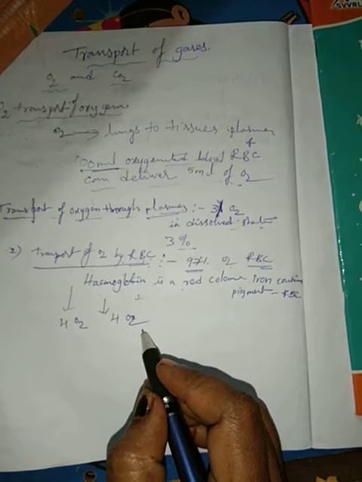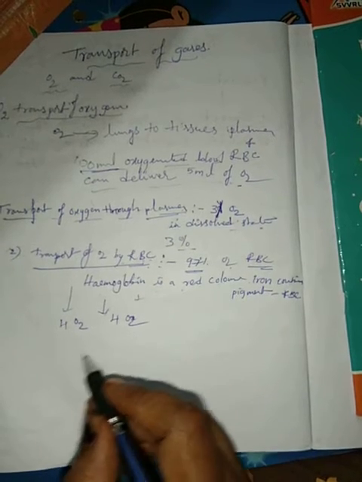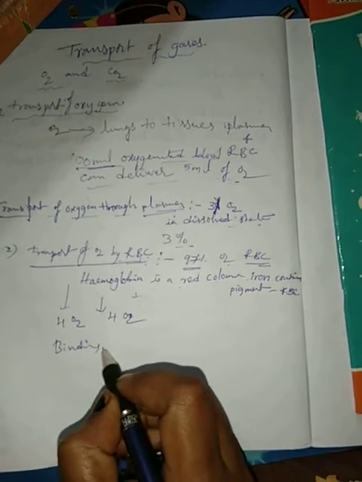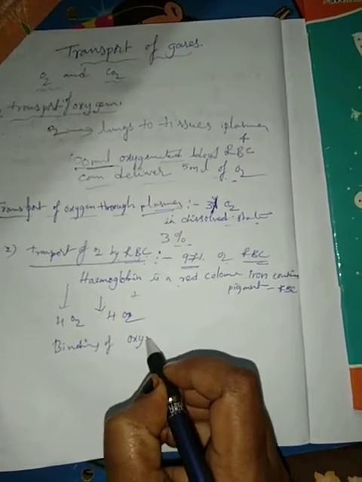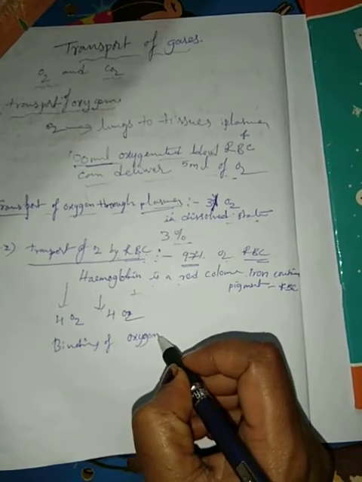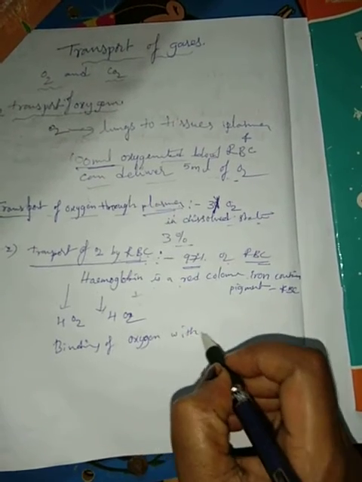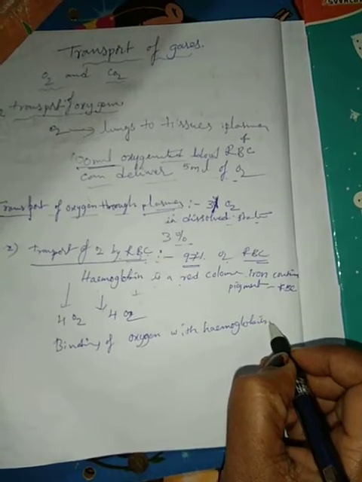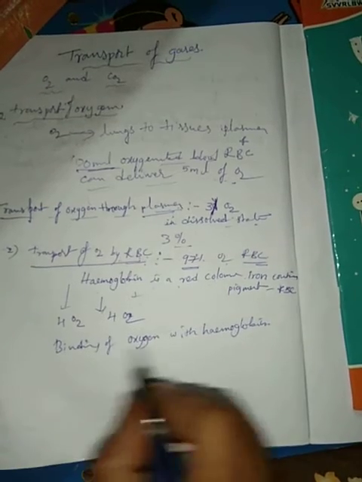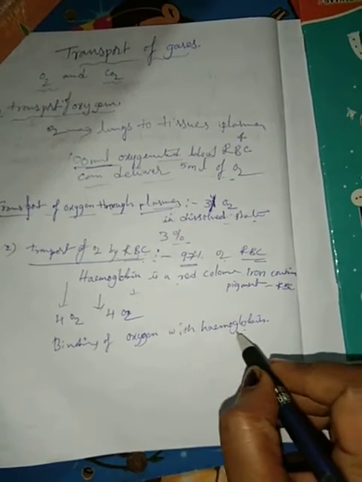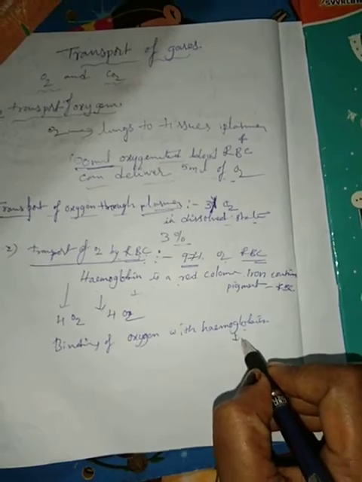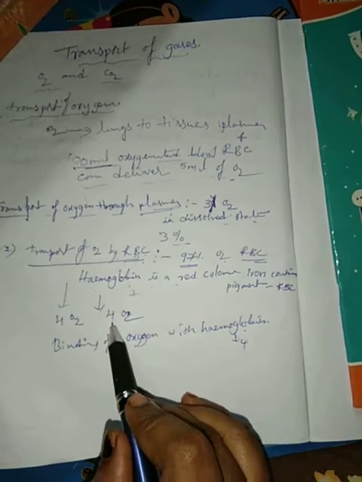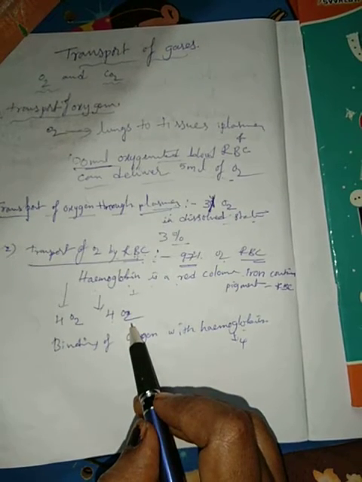And the binding of oxygen with hemoglobin. RBC contains hemoglobin. Hemoglobin contains 4 oxygen molecules.